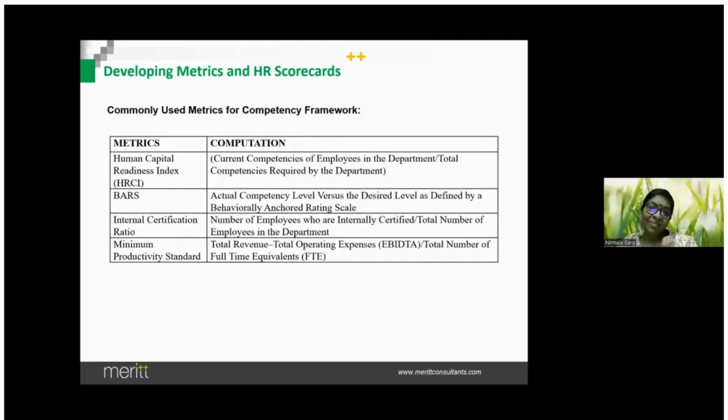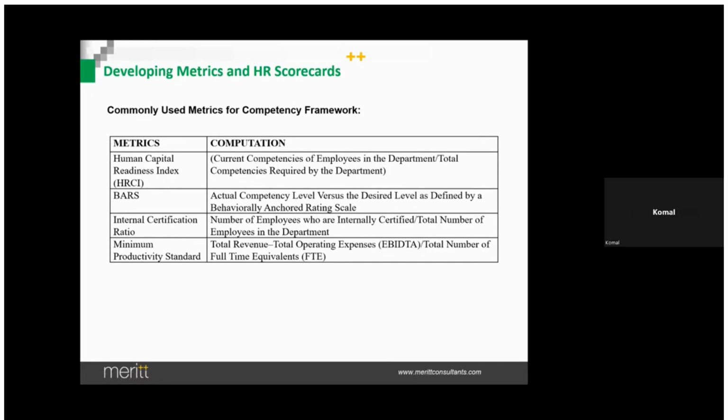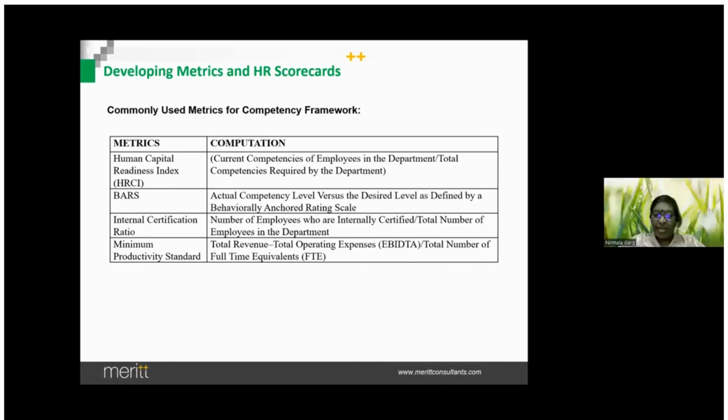Competencies. A very interesting metric is the human capital readiness index. Have you heard of human capital readiness index anywhere? First of all, when I say human capital readiness index, what does it mean?